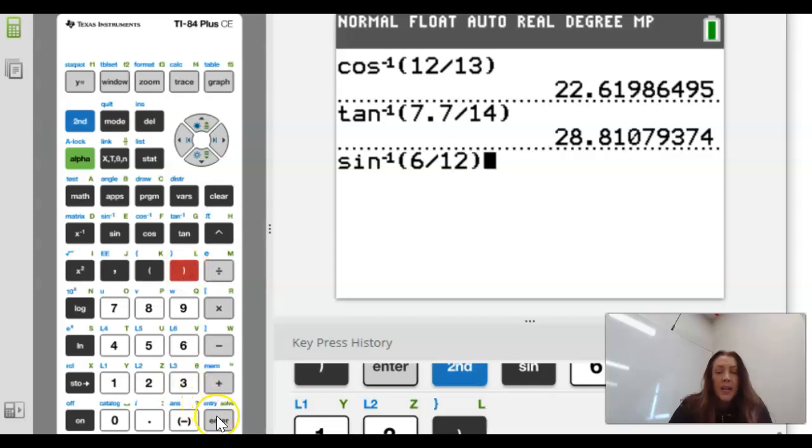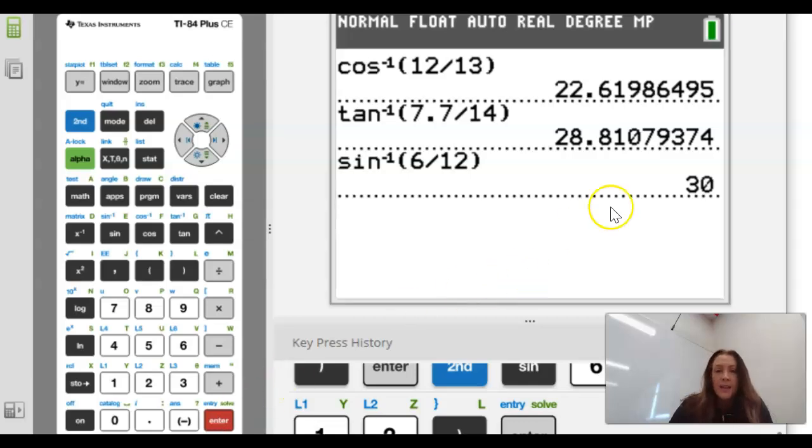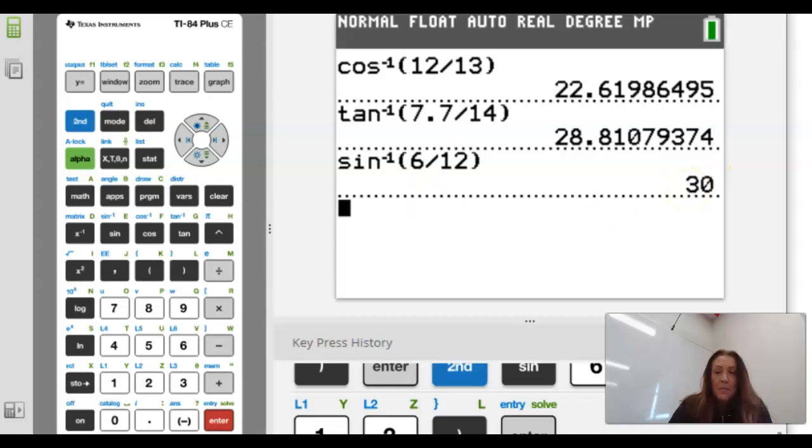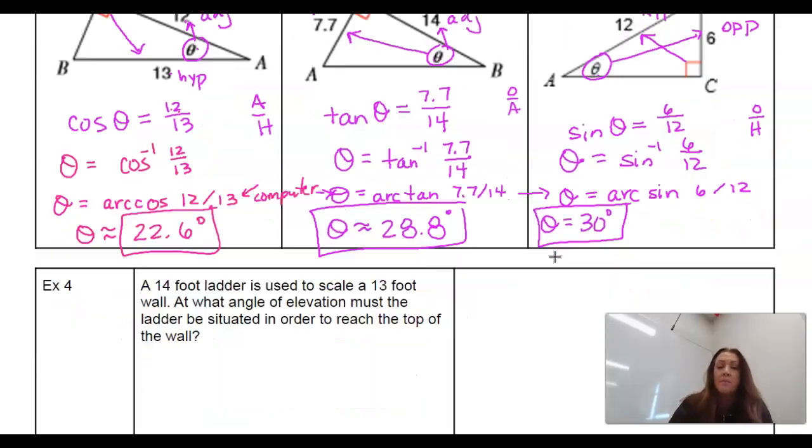If you show me what you're setting up, I can figure out if it's the numbers you typed in, the wrong trig ratio, the wrong order, things like that. So I got 30 degrees exactly. And so theta equals 30 degrees. I would not write 30.0 because it's actually exactly 30. That's the only time you don't need a decimal place.